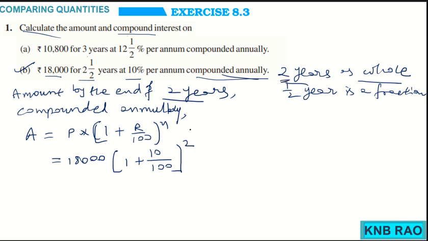That 2 years I have taken. N becomes 2 and R remains as it is, 10% per annum, and P value is already known to you.